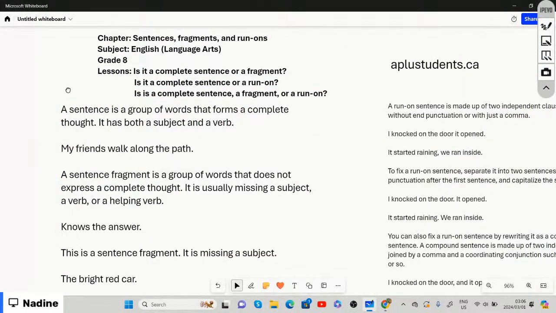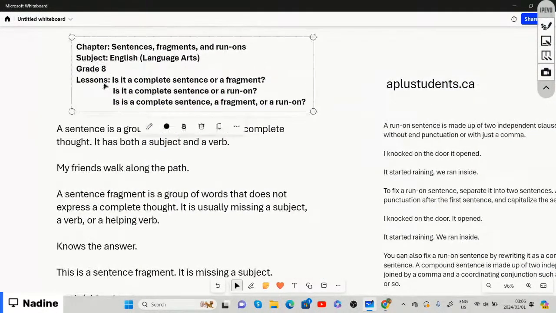All right. So our chapter is sentences, fragments, and run-ons. Our subject is English language arts, grade 8.